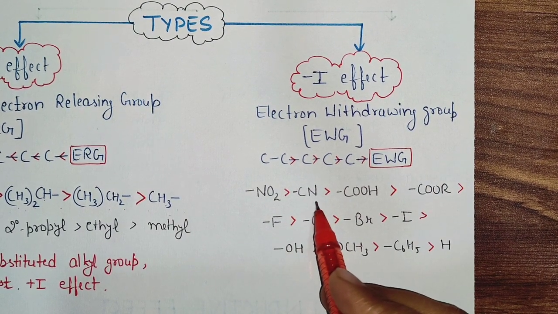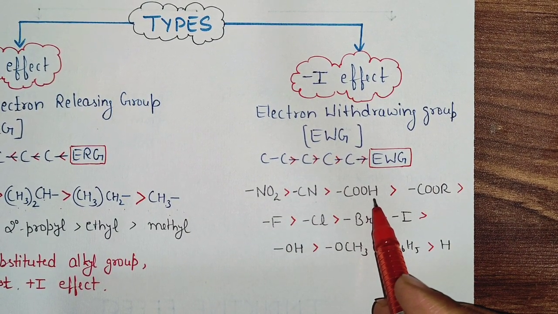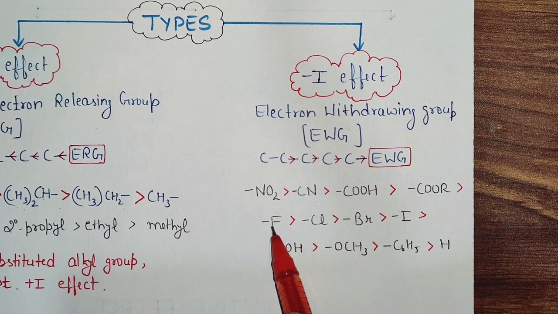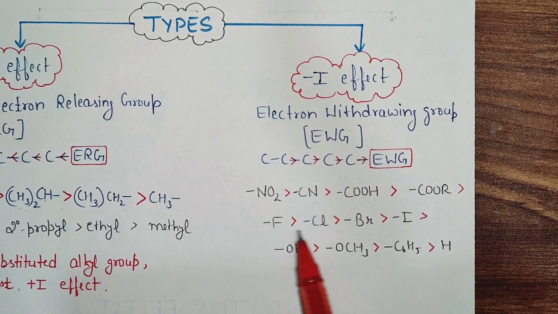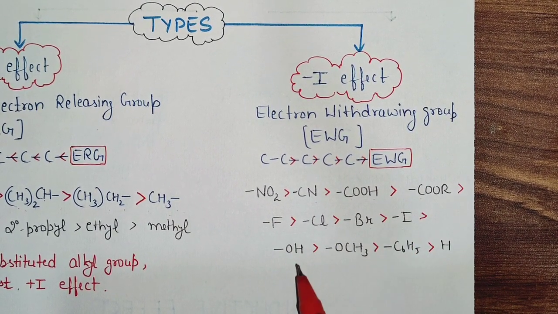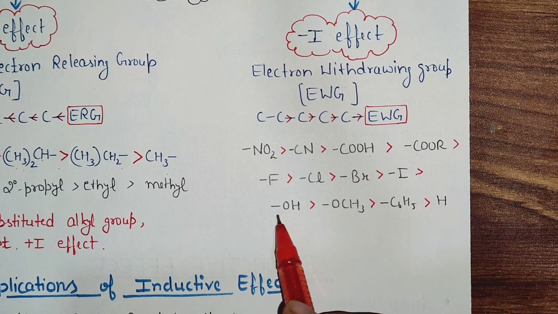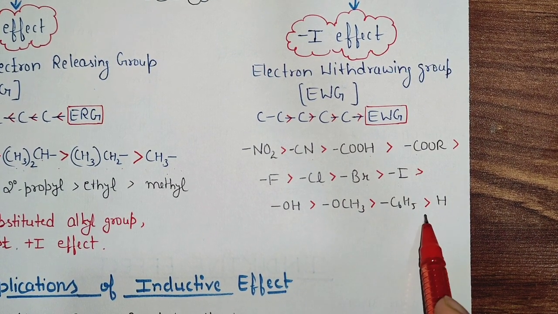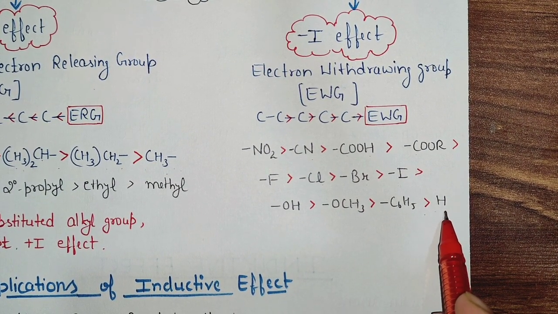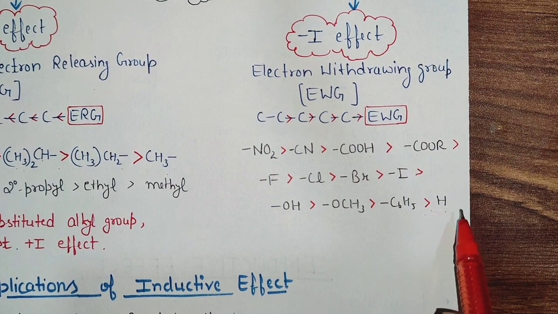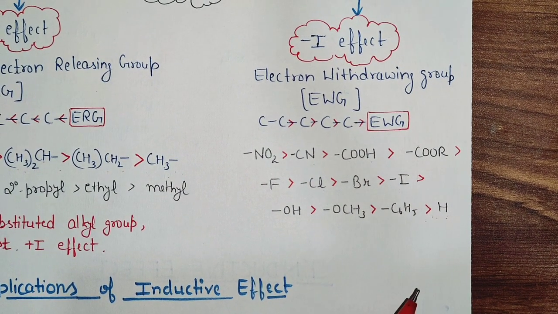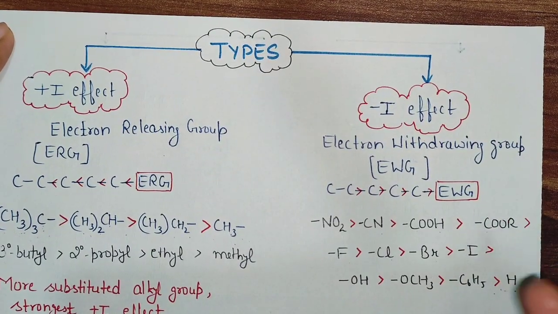After that, cyanide group CN, COOH carboxylic acid group, COOR. Then after that, all the halogens: fluorine, chlorine, bromine, iodine. Then after that, OH, OCH3, C6H5 phenyl group and hydrogen. This has the least minus I effect.